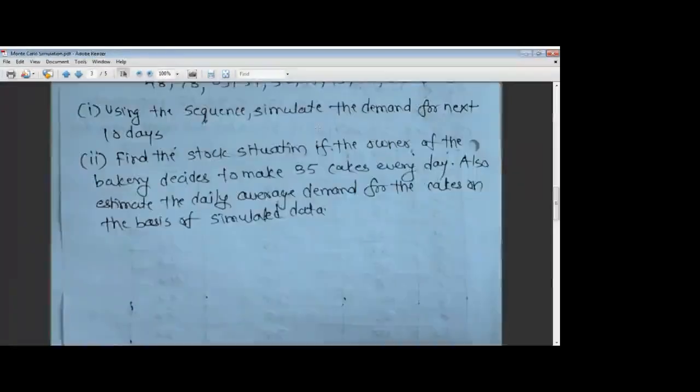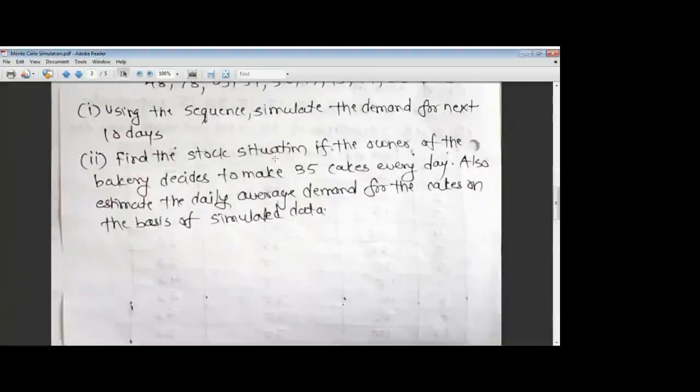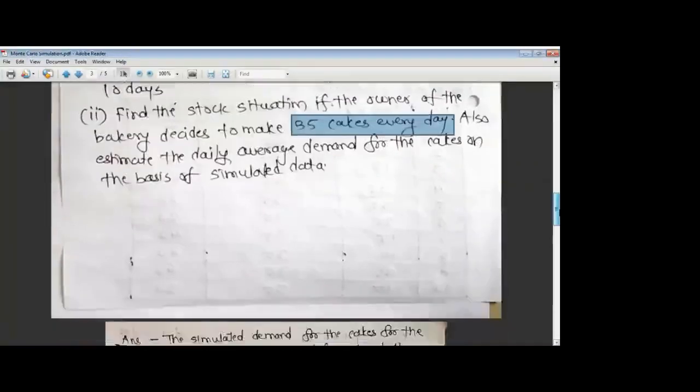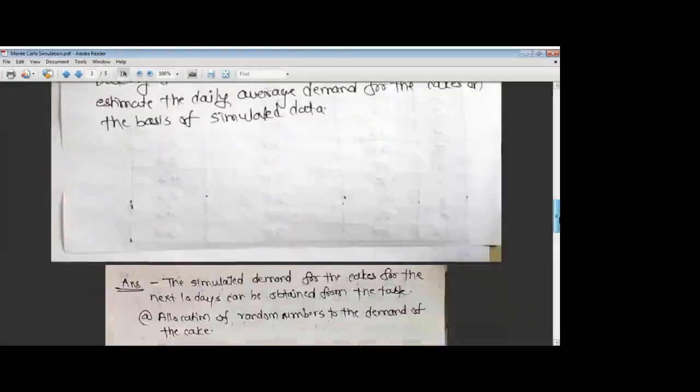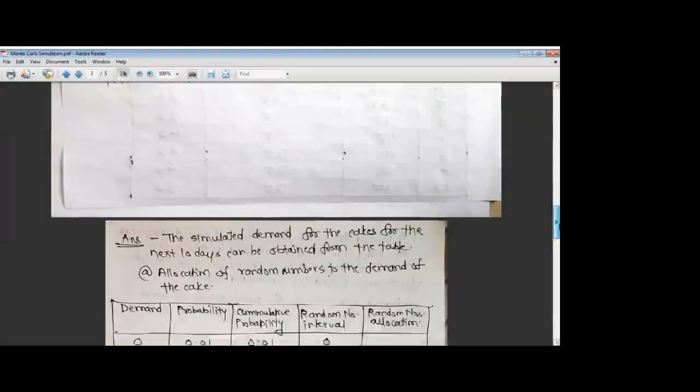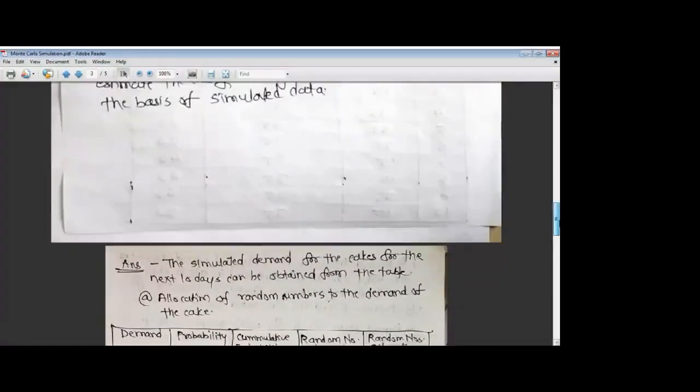They have also asked that, irrespective of the demand, if the bakery owner decides to make 35 cakes every day, what will be the stock situation for the 10 days in that bakery? And we have also been asked the average demand of the cakes on the basis of the simulated data. So these are the three things that we have been asked, and we'll try to solve them. Now what is the first step?